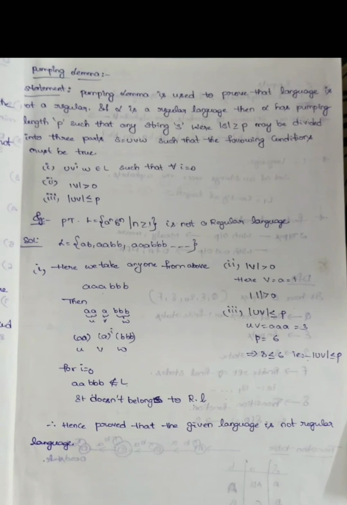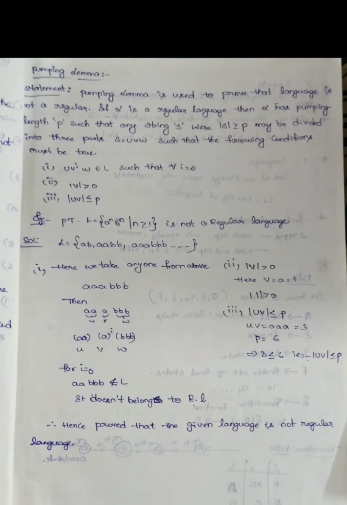Next, the pumping lemma. The pumping lemma is used to prove that a language is not regular. If L is a regular language, then L has a pumping length p such that any string s where |s| is greater than or equal to p may be divided into 3 parts, s = uvw, such that the following conditions must be true.